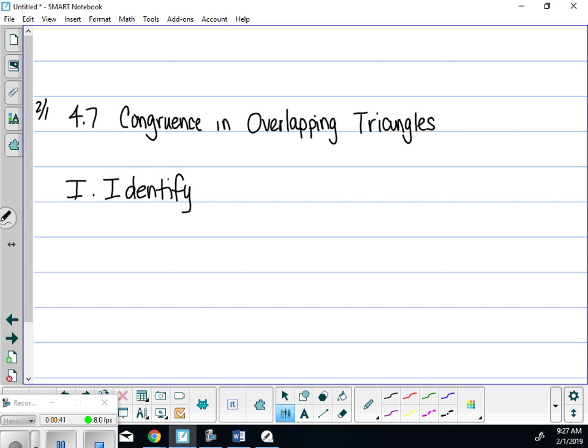Okay, so the first thing that we want to be able to do is to look at a little bit more complicated drawing and identify if two triangles have any common parts, sides, or angles, and then what they are.